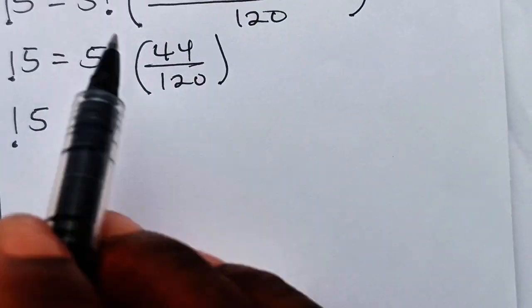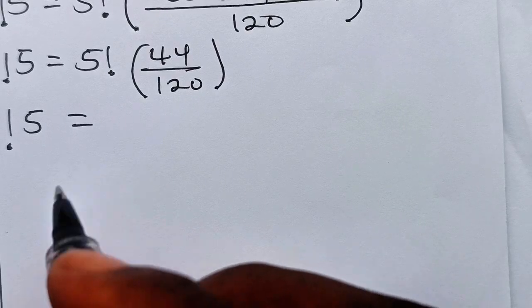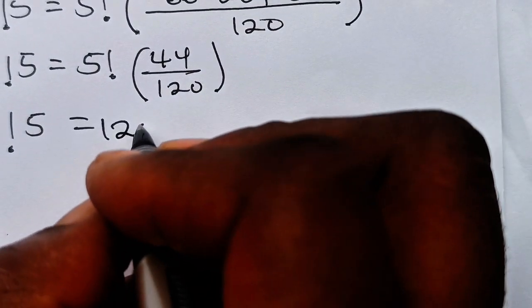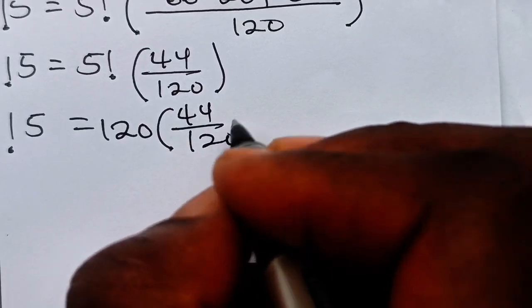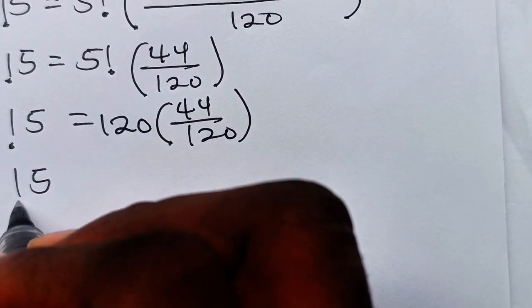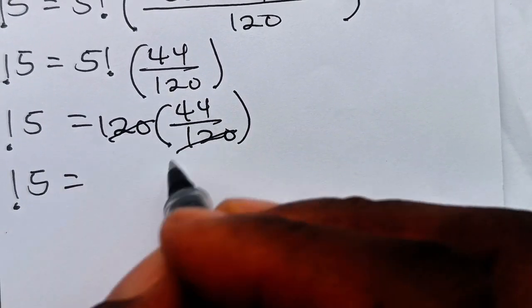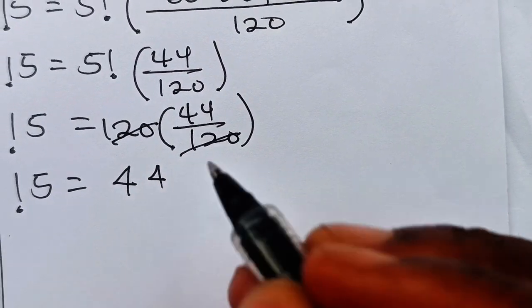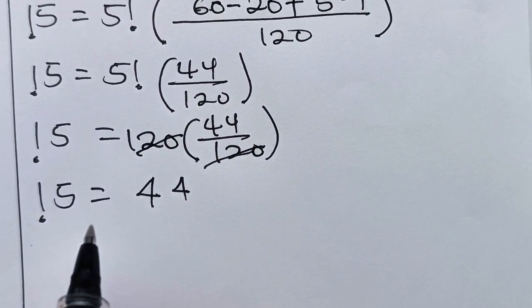Okay, so that means we replace this with 120. Now we have 120 multiplied by 44 divided by 120. Okay, now we have 5 subfactorial is equal to, this we divide and we have 44. So it means that 5 subfactorial is equal to 44.